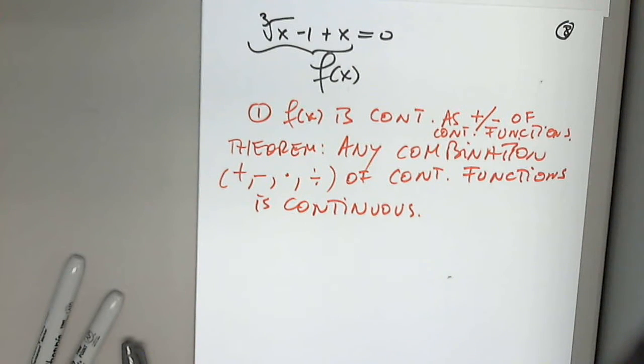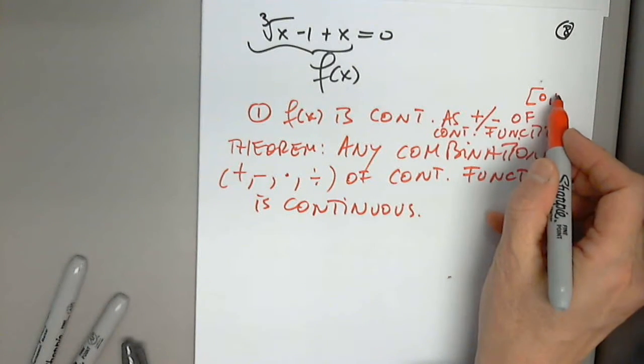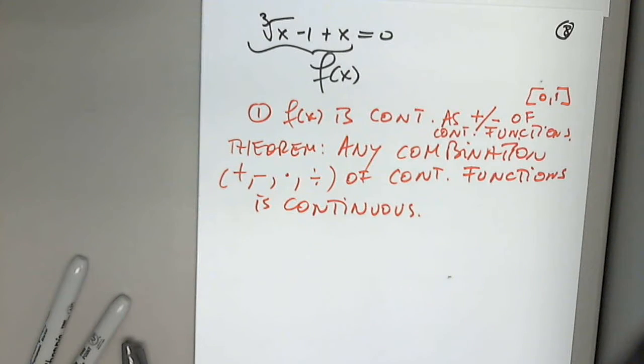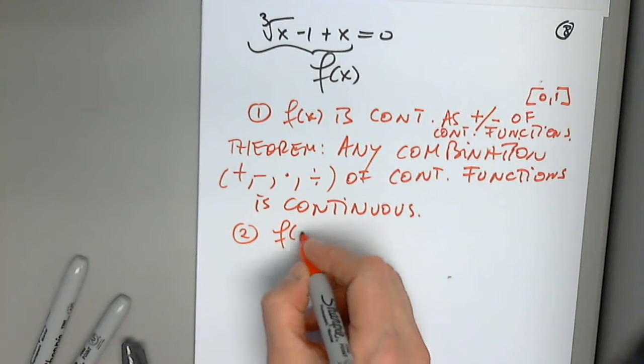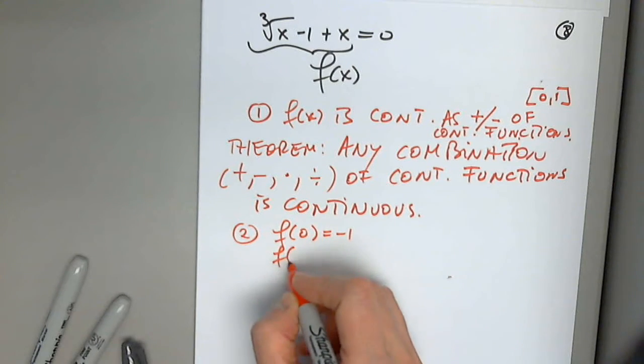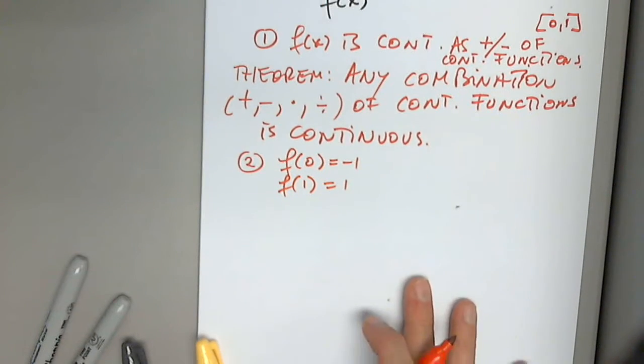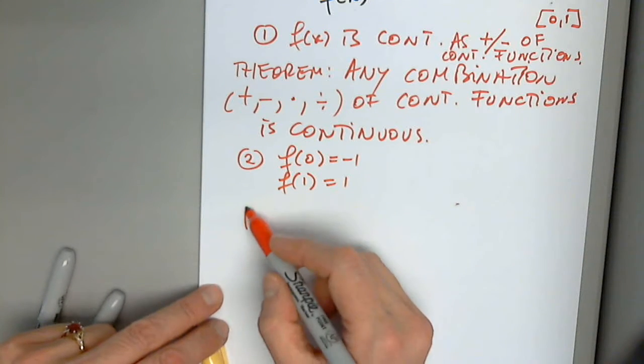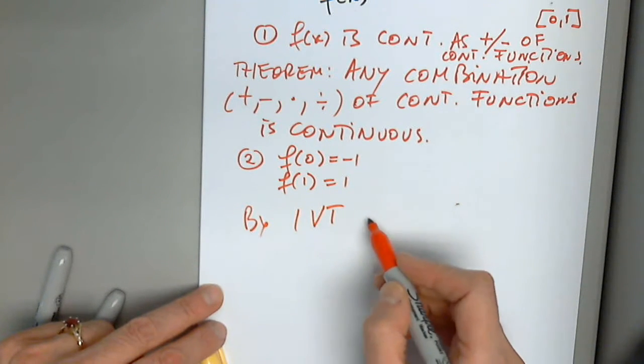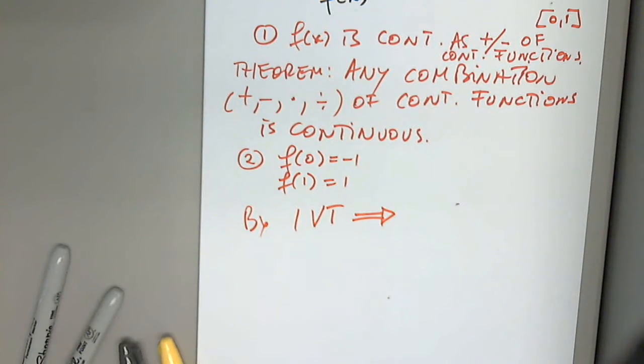Furthermore, on the interval 0, 1, but it's everywhere. So I will write on the closed interval 0, 1. Part 2, I will write that f of 0 equals -1 and f of 1 equals 1. By IVT, what do we conclude?